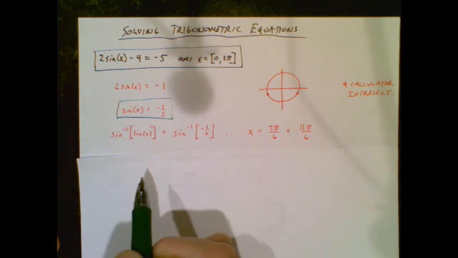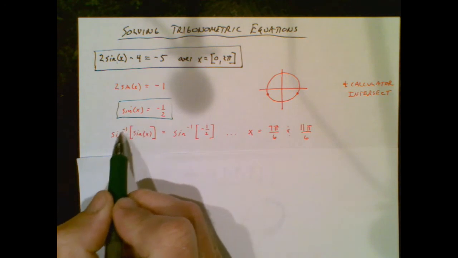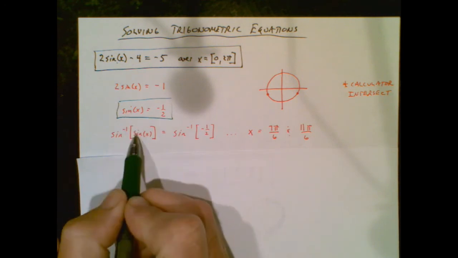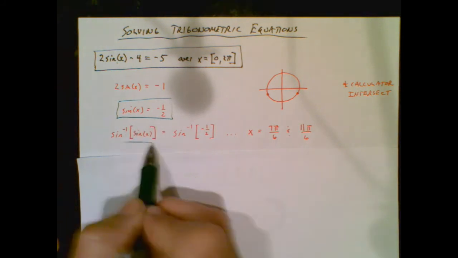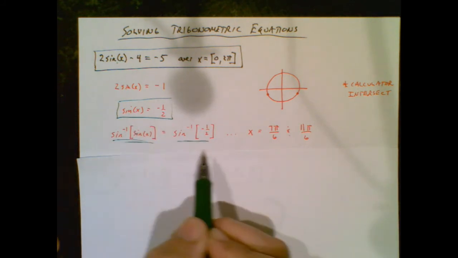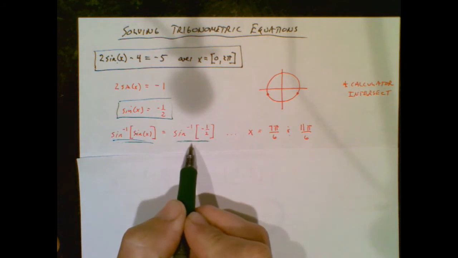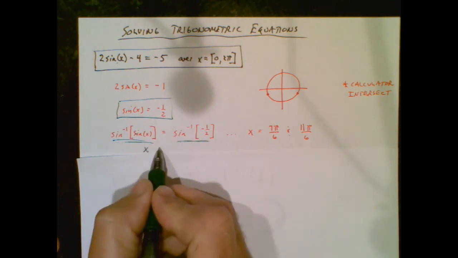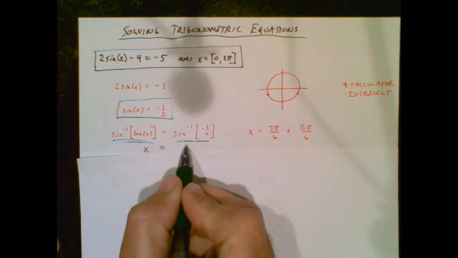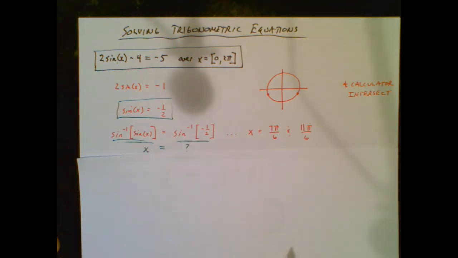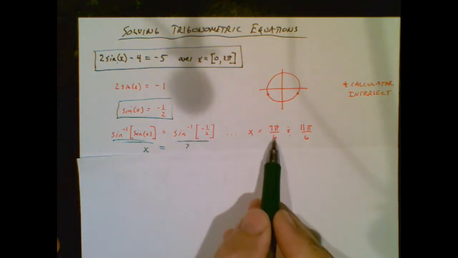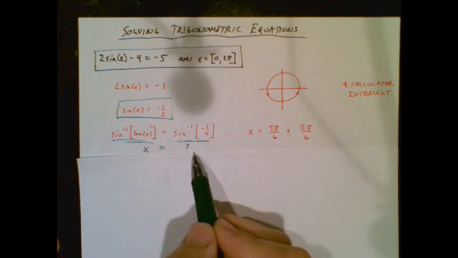Option 1, the theoretical algebra way, is to use the inverse sine function to kill the sine, and whatever you do to the left-hand side, you do to the right-hand side, and from there, you get x equals whatever that thing is. And that thing is 7 pi over 6 or 11 pi over 6.